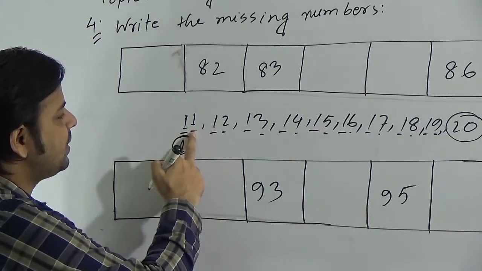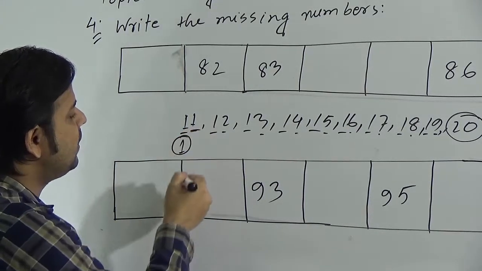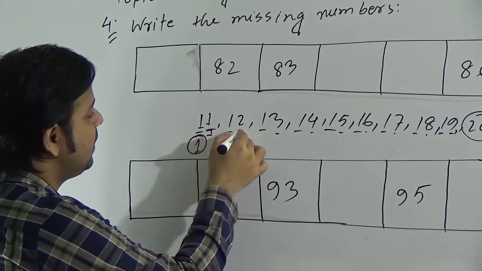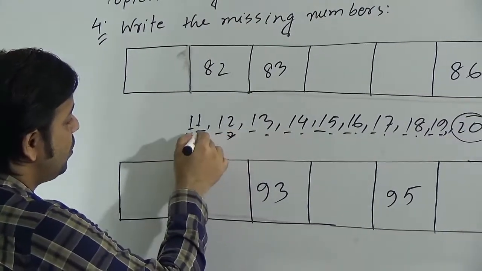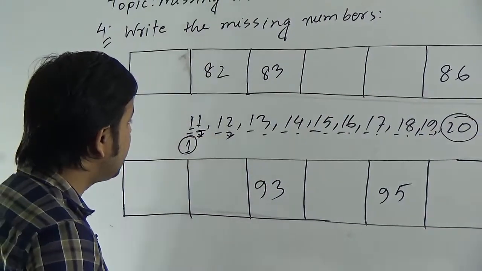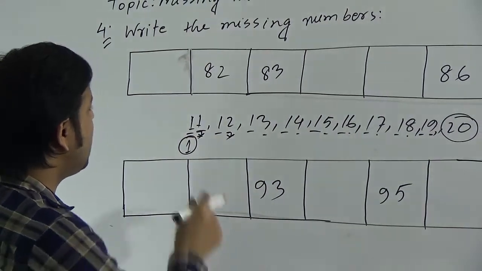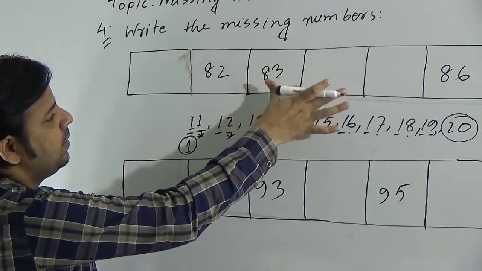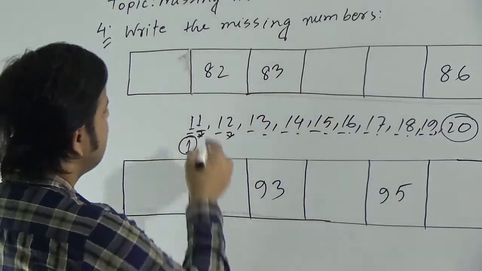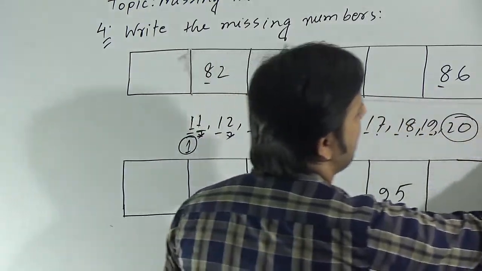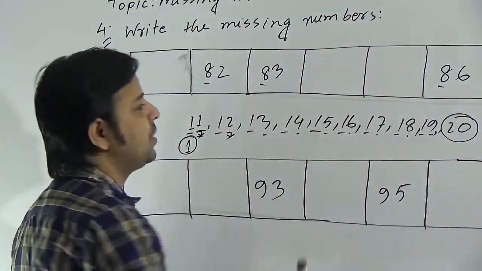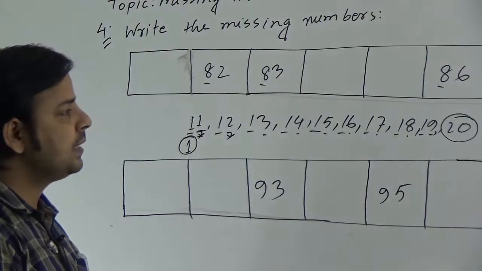It means that here the first one is 1, here is 2. Before 2, in the one's position we can write 1. Students, now observe the given numbers. Here the tens position is 8, 8, 8, 8, 8. It means the tens position of all the numbers is 8.